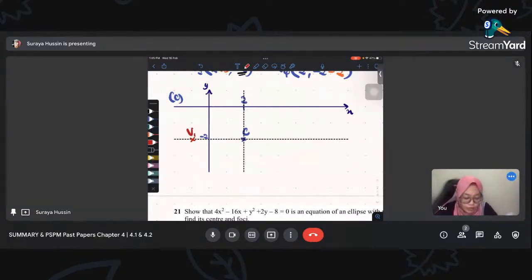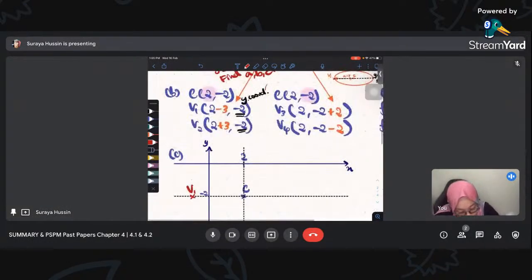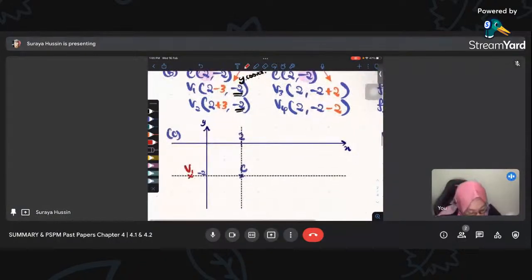V1 is important to label. Okay, V1 is -1, -2. Okay, you understand now. Where is your V2? V2 is 5. So 3, 4, 5. So 5 is over here. So this is your V2.